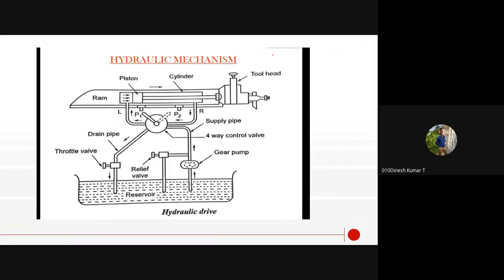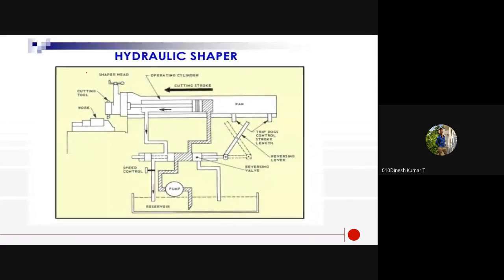It consists of a piston and cylinder arrangement, a tool head, a ram, a drain pipe with a throttle valve, a reservoir which contains oil as the working fluid, a relief valve, a gear pump, a four-way control valve, a supply pipe, etc. In this hydraulic shaper, the working fluid is oil.